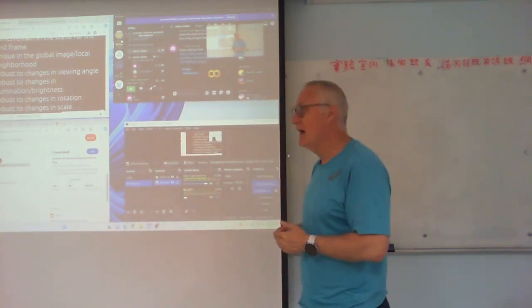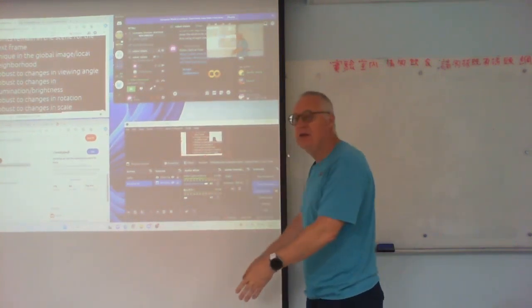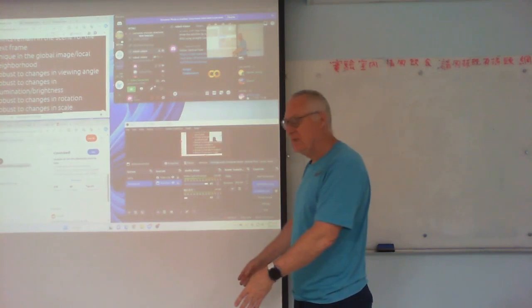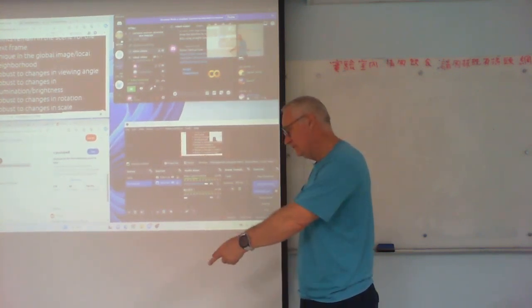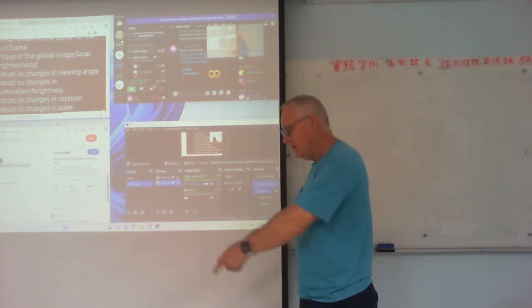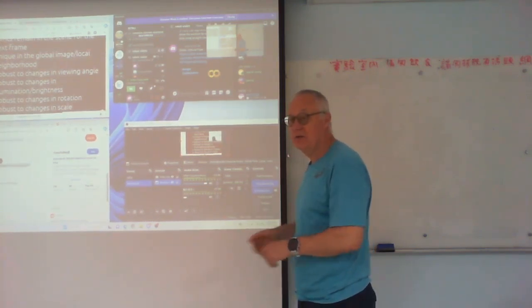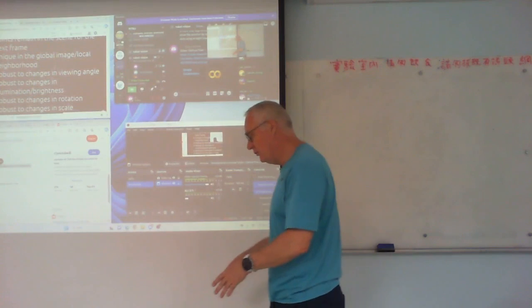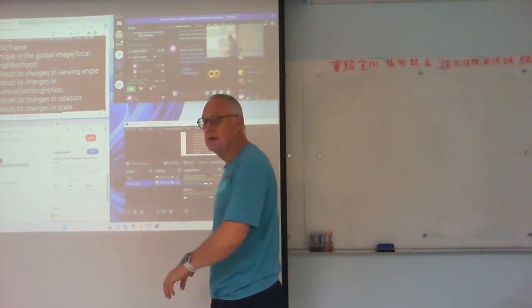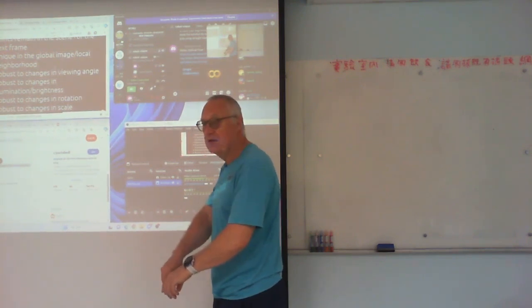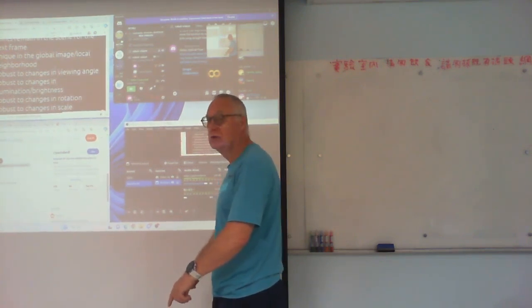Because if I'm in this scene here, and I track the intersection of the tiles, I can do that as long as I move slowly enough. The tile intersections are going to move a little bit, right? Yeah. But I still know this is tile intersection 1, this is intersection 2.